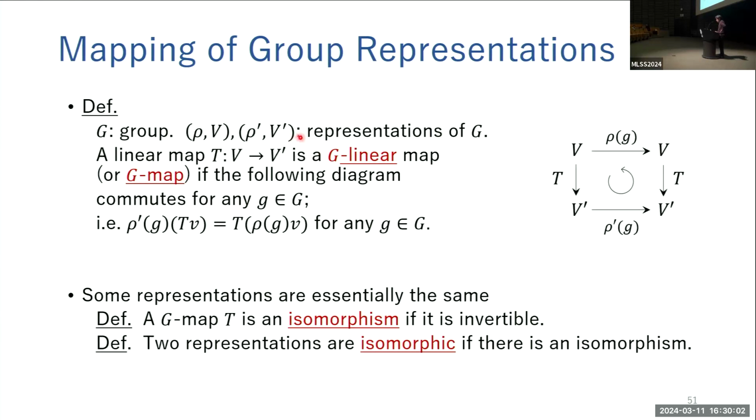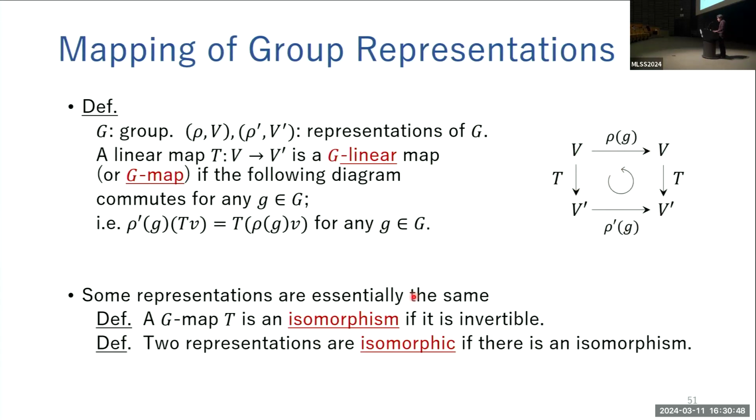So let's say that we have two representations of the same group: here's one group representation, rho, and rho prime is another one. So for a specific g, we have two linear mappings, one is V to V, and one is V prime to V prime. And a G linear map is a mapping T from vector space V to another vector space V prime. And if this diagram commutes, we say that T is a G linear map. This is a kind of mapping from one representation to another.